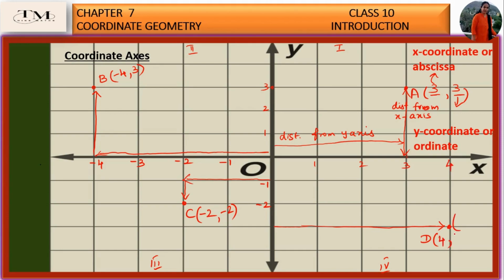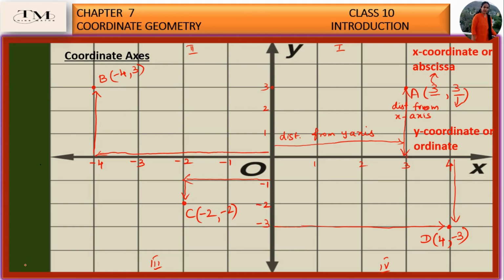Okay, children, what about the y coordinate? The y coordinate is moving down. If it moves down, it is negative. So it is -1, -2, -3. So this point is 4, -3. These are the things you have to know about how to plot in the Cartesian plane.